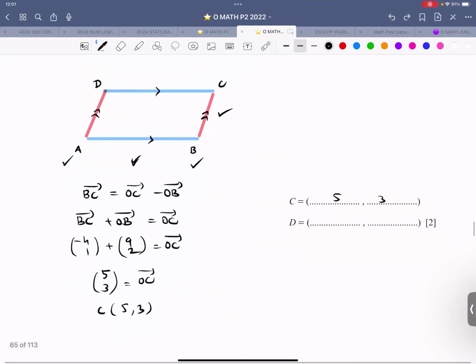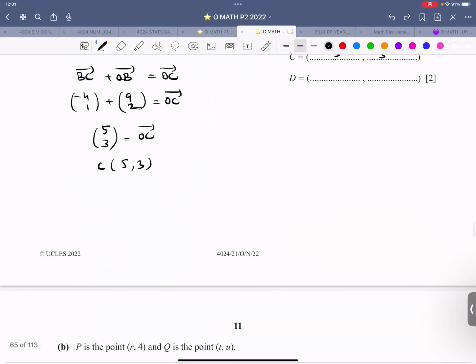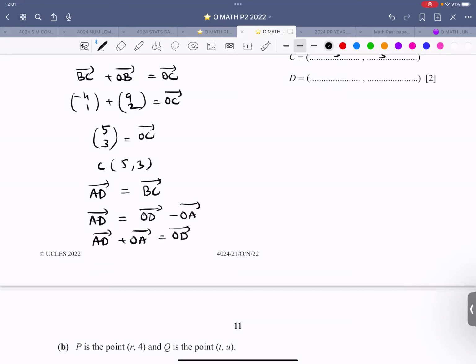And similarly, let's talk about D. So AD is the same thing as BC. AD is OD minus OA. Therefore, AD plus OA is OD. What is AD? AD is BC. BC is (negative 4, 1) plus OA equals OD.